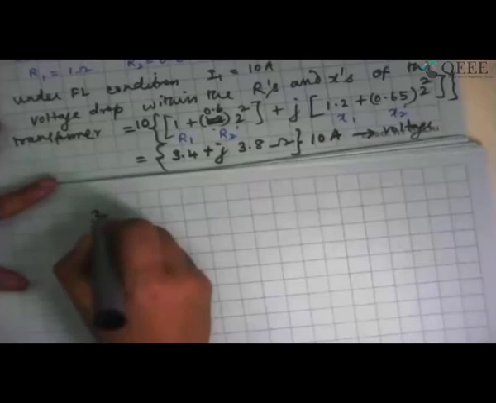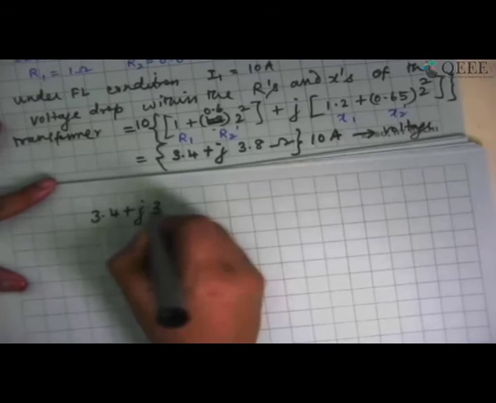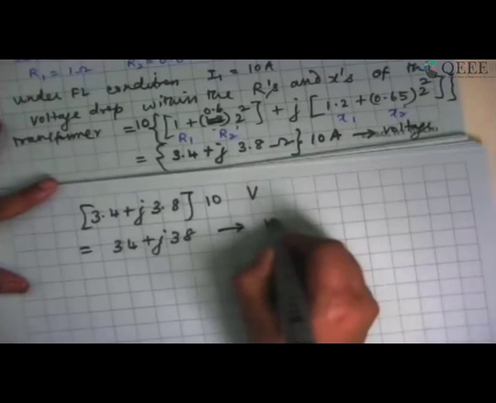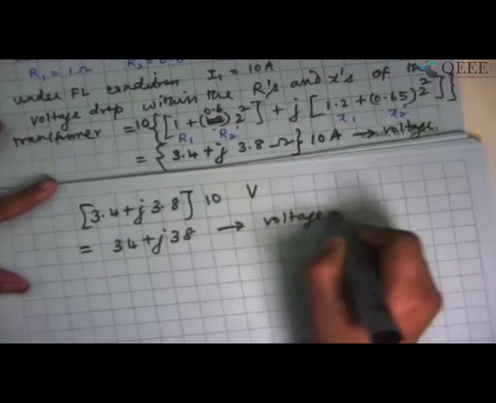Let me write down this again. So I'm going to have (3.4 + j3.8) multiplied by 10 volts. So I can say 34 + j38 is the total voltage drop, which is very, very high.